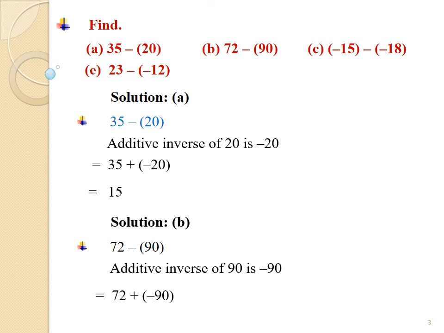Thus, subtracting 72 from 90 as a whole number, we get 18, and placing a minus sign before 18 as 90 is the greater number which has the minus sign, we get minus 18. Thus, 72 minus 90 equals minus 18.